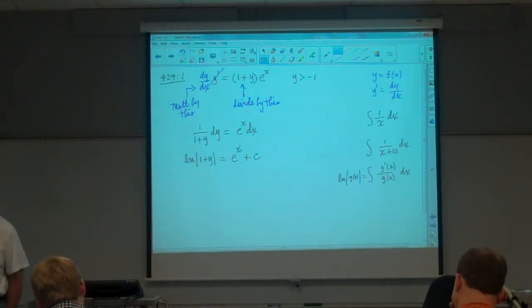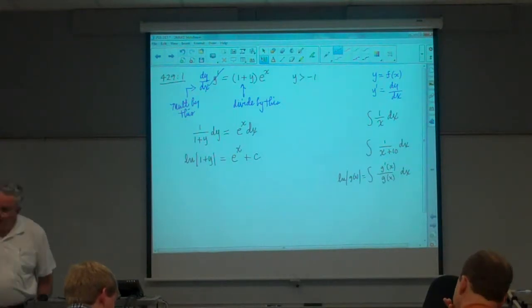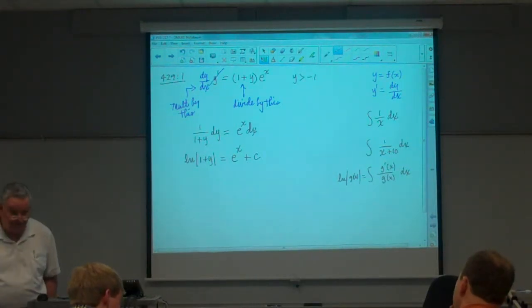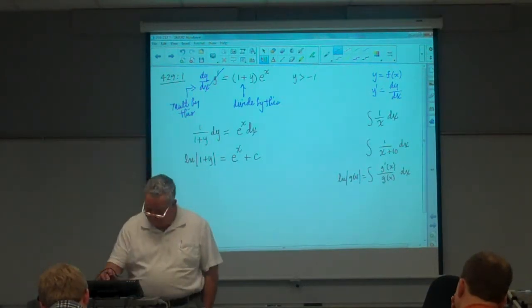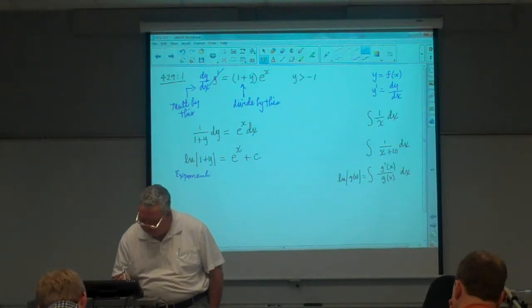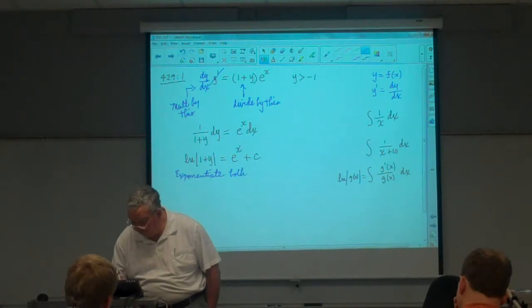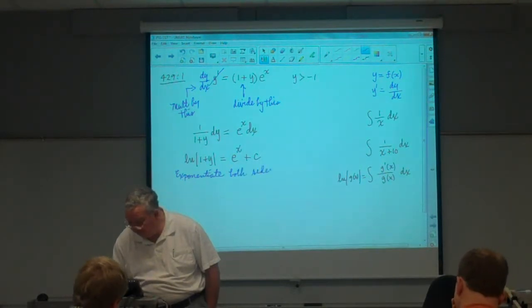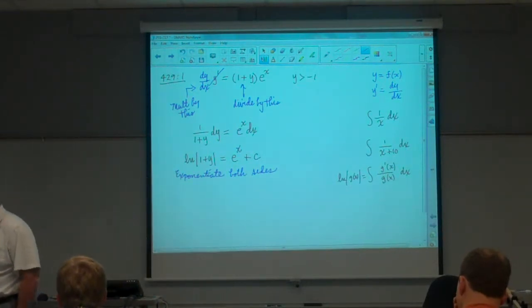The way you make a log go away is with an exponential e, and the way you make an e go away is with a log. So I'm going to exponentiate. What do you think exponentiate means?